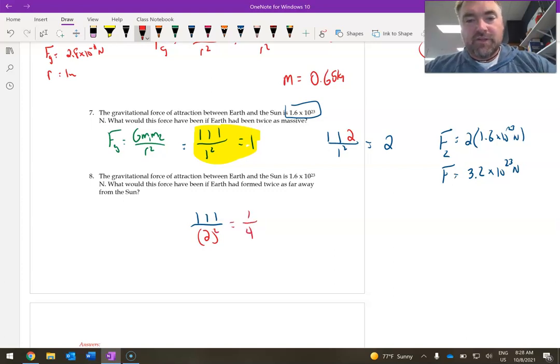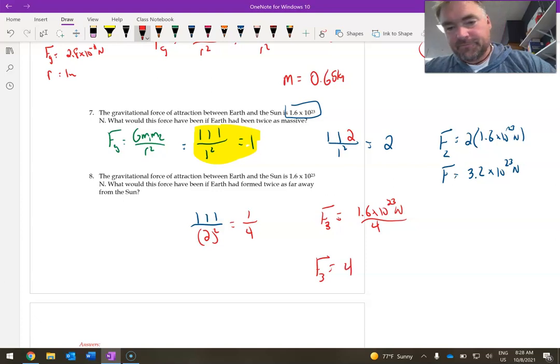So if it was 1.6 times 10 to the 23rd, now it's going to be 1/4 as much. So my new force is 1.6 times 10 to the 23rd newtons divided by 4, which is 4 times 10 to the 22nd newtons.